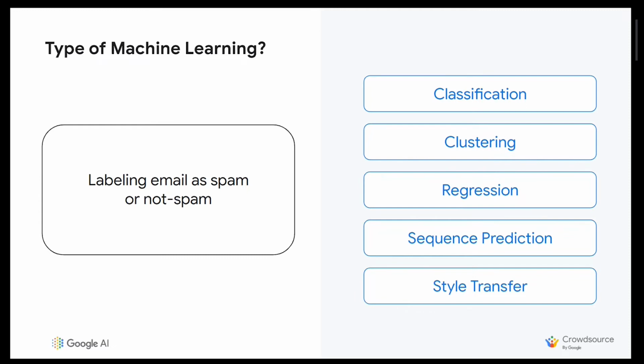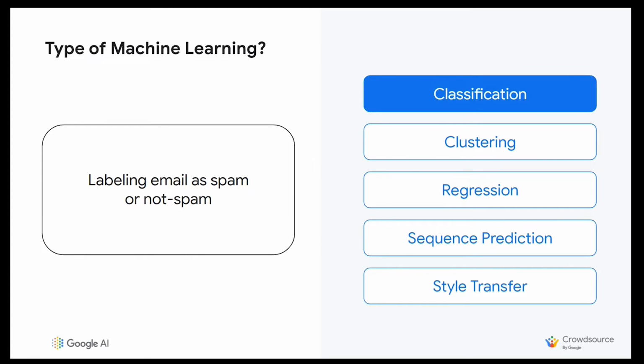Classification, okay. In this scenario we use classification, because here we have two things, spam and not spam, which are called classes. Wherever you see classes, the majority of the time you will be using classification.